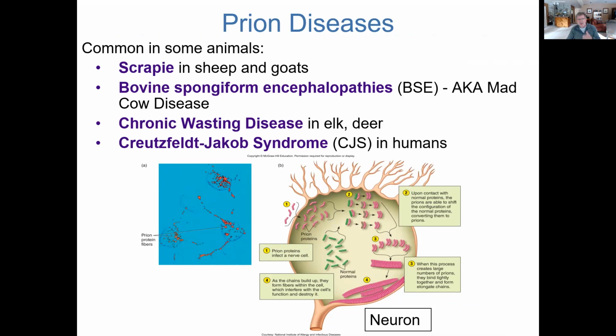So instead of being able to transmit the impulse the way it should, these nerve cells not only are unable to transmit impulses, but the cells, the neurons die, and you get these big gaps in the brain, and then probably the spinal cord. Again, typically we talk about the brain.